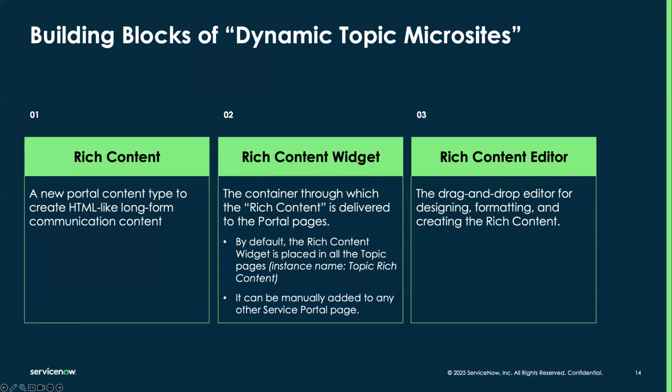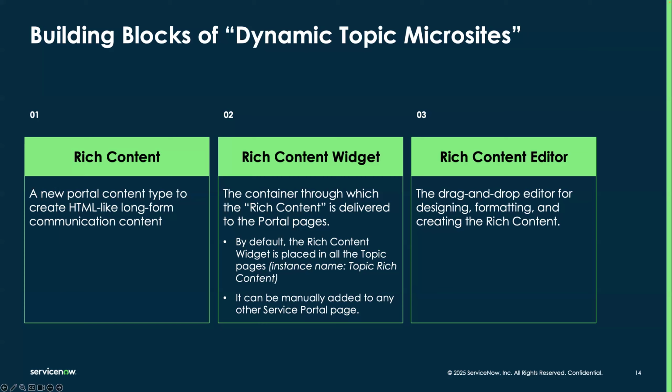The third component, or the third building block, is the rich content editor. This is the tool that you use to actually create and format your rich content. It's a brand new drag and drop editing experience that we have designed specifically for creating this content experience.